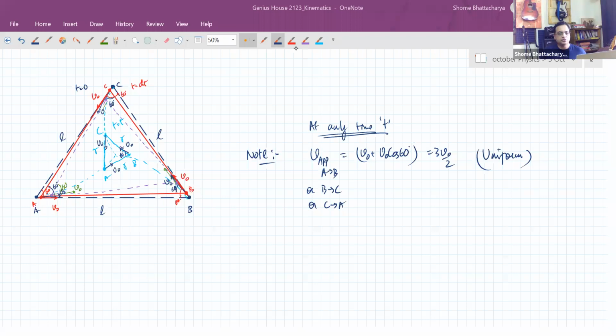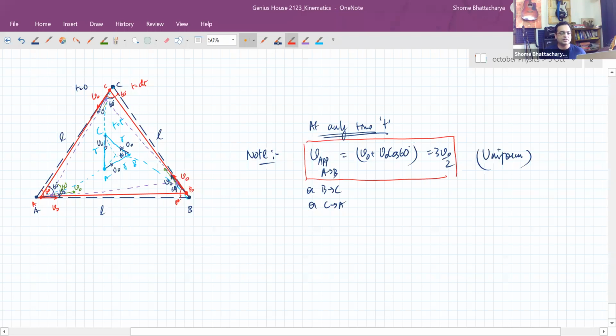So now how can I make use of this fact to find that. First part, you can see that at any time they are forming an equilateral triangle, and with time that equilateral triangle is diminishing.